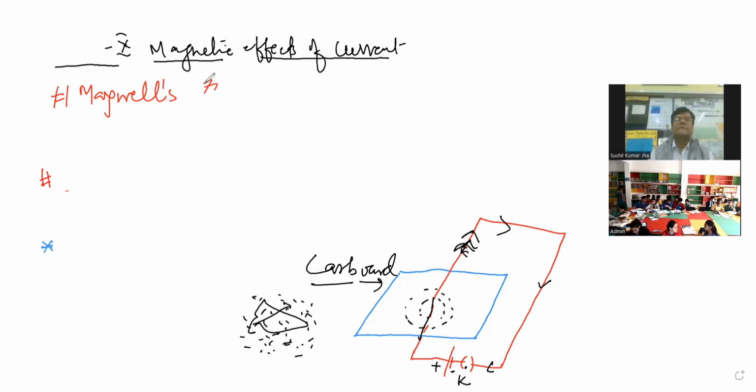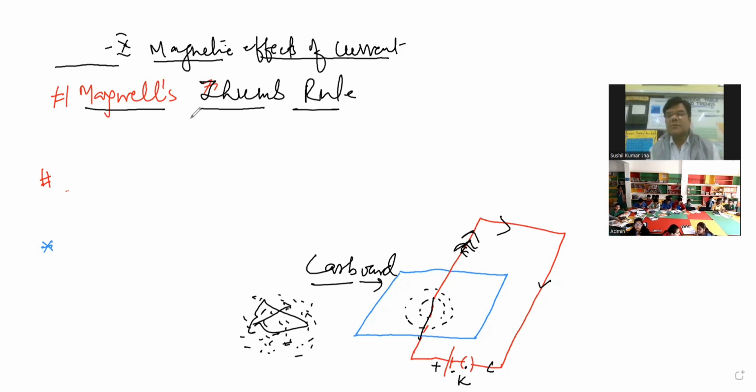Now let us do Maxwell's thumb rule. Maxwell's thumb rule to determine the magnetic field around a straight wire.